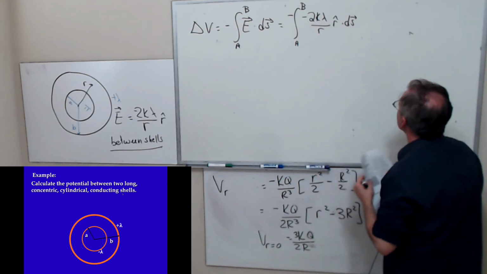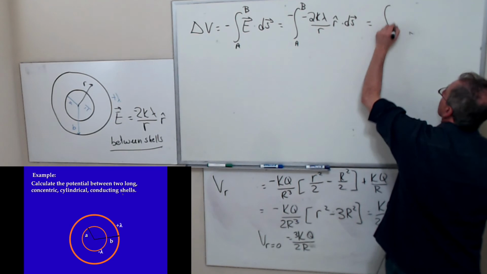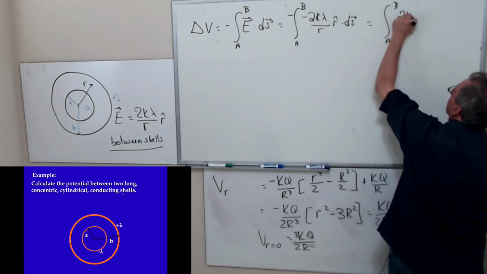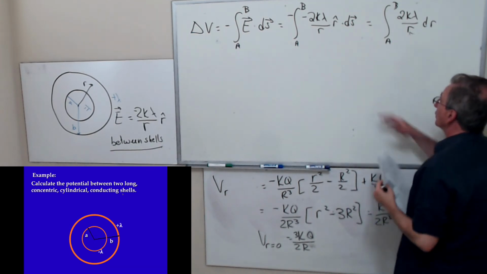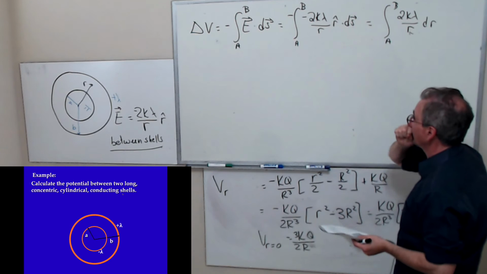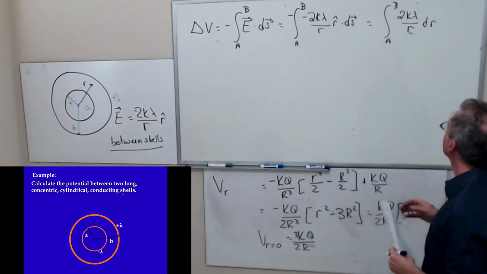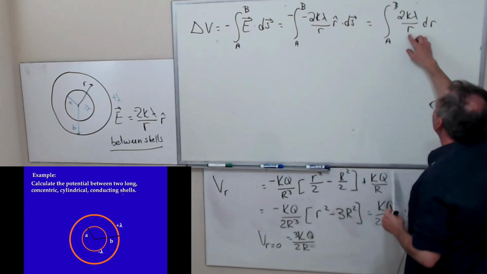What's nice here is the two minus signs will cancel. The only part that contributes is the one in the r hat direction. The integral is independent of the path. Otherwise, we wouldn't be able to define a delta V.